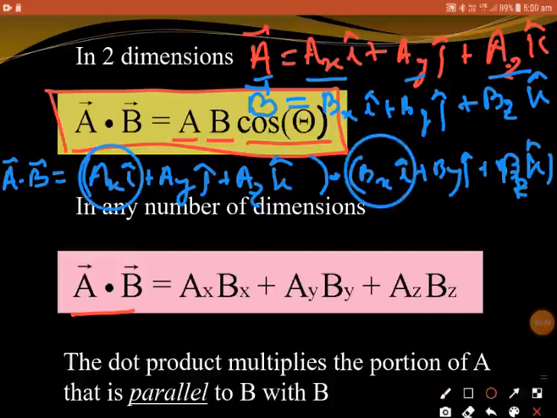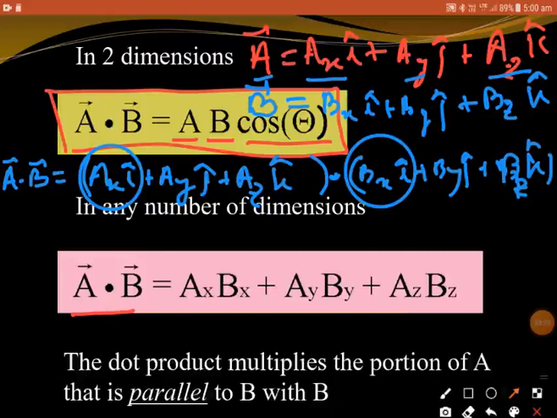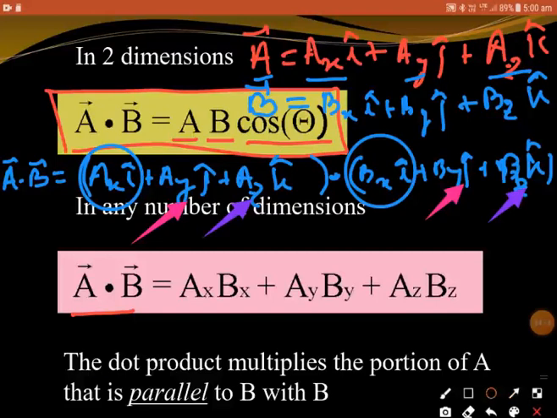If you do the dot product with j cap, then j with j will only survive, and with k, k and k will only survive. But if you do the dot product of i cap and j cap, then it will go to 0. With this i cap, again if you do it with k cap, then it will also go to 0, right?